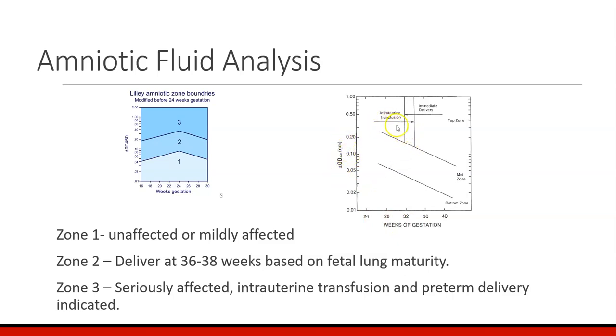So we have intrauterine transfusion, we have immediate delivery, and then there's that gray zone. What do we do? That's going to be based on other additional tests that are done to determine whether or not the baby is as ready as possible to be delivered.